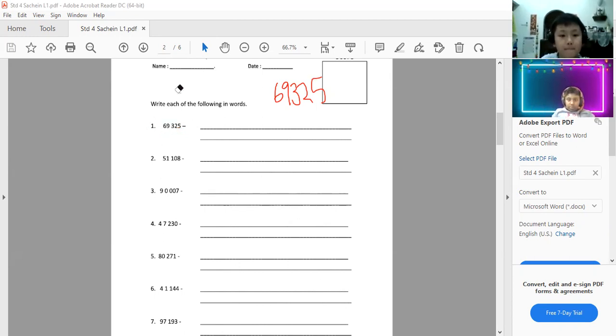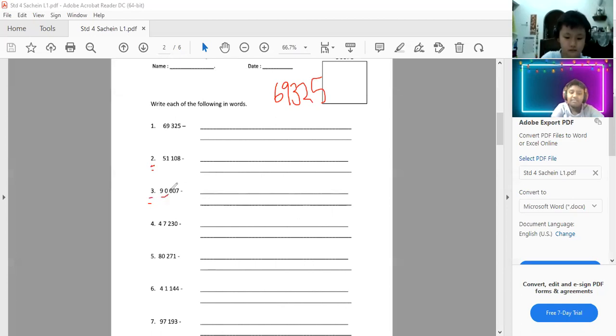Let's start with Aloysius. Aloysius, tell me the answer for number 2. Just read out the number out loud. 51,108. Can you repeat that again? 51,108. Very good. Gideon, try number 3. 90,007.